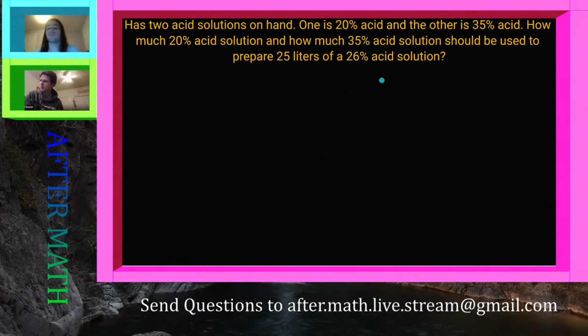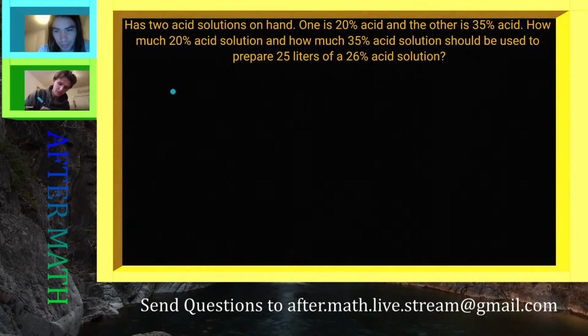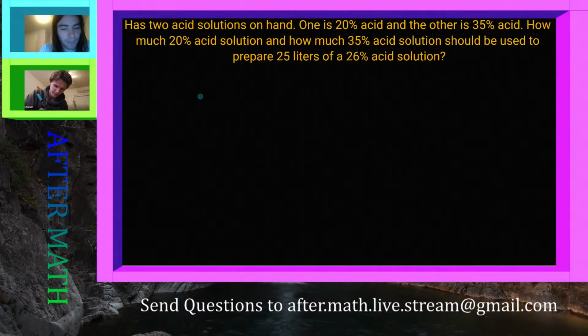I'm gonna start this one because you started the last one. So one is 20% acid and the other is 35% acid. We'll write 20% as 0.2, right? 0.2 equals 20%.